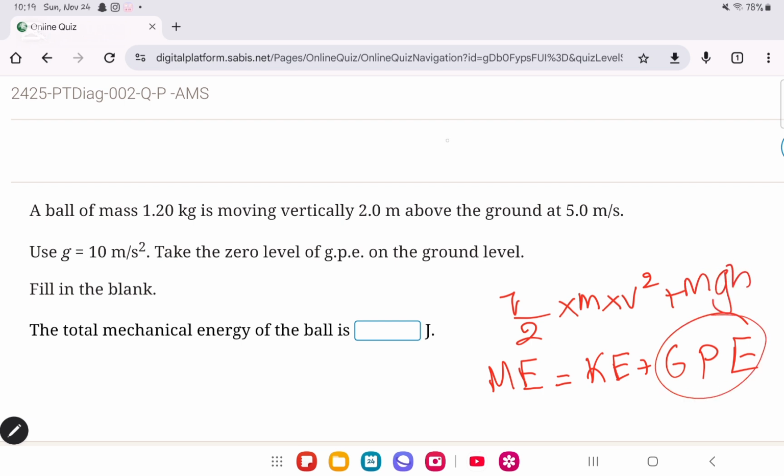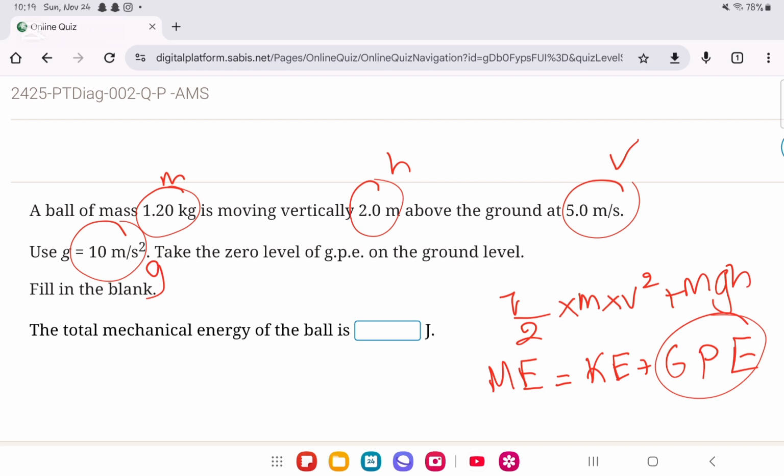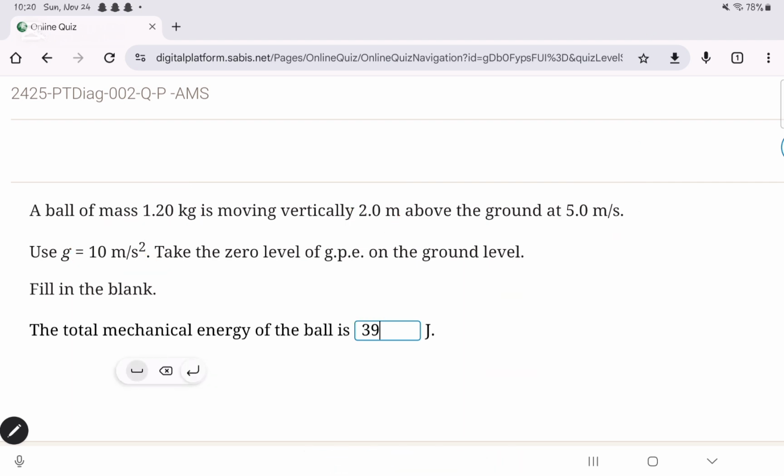So if you do it on the calculator, you have the mass over here, which is 1.2 kg, the height, which is 2 meters, the velocity, which is 5 meters per second, and then you have g. So on the calculator, it's gonna be 1/2 times the mass, which is 1.2, times 5 squared. You're gonna get 15. Add it to what? To mgh. So 1.2, the mass, times the height, 2, times the g, 10. And we are gonna get 39 joules.